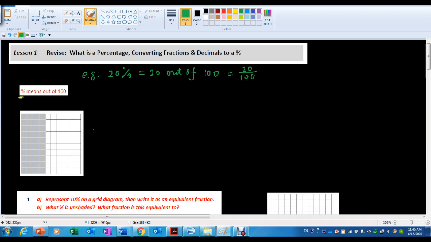Normally in primary school or in year 7, you have learned that we can use a grid diagram. A grid diagram means a diagram with many boxes. There will be 100 boxes in this grid diagram, what we call a ten times ten grid diagram.